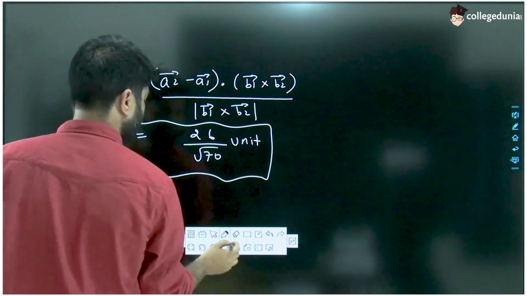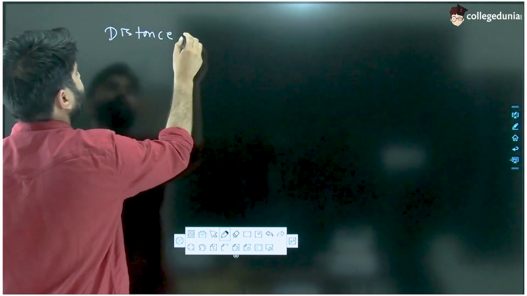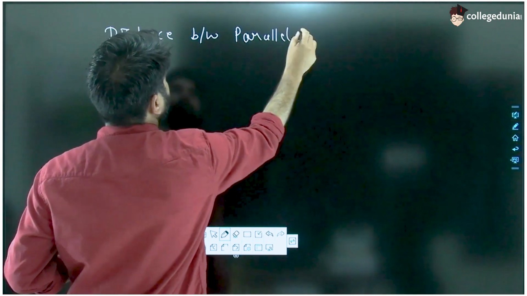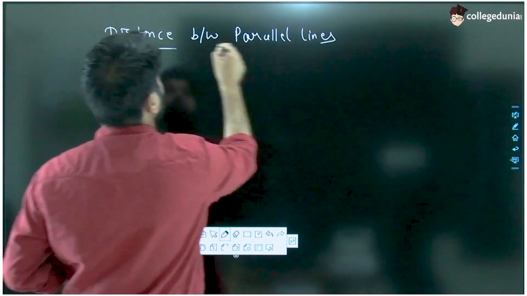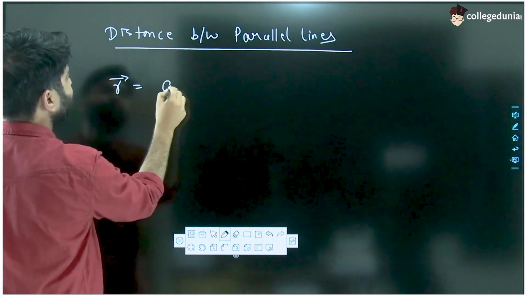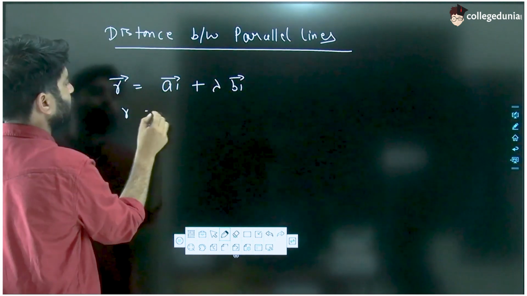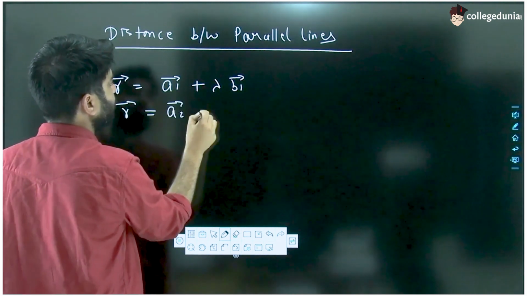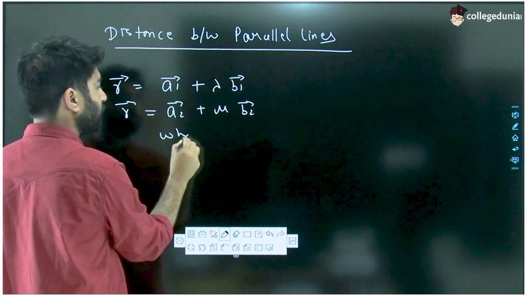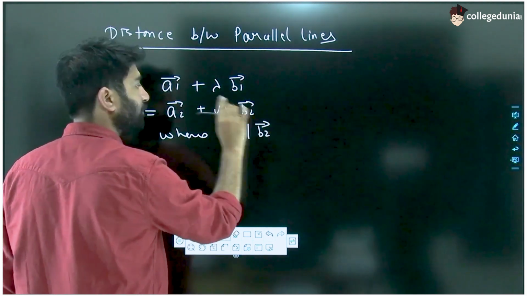But suppose there is a case when two lines are parallel, and now we have to find the distance between two parallel lines. So first of all, we need to understand that whenever two lines are parallel, in this situation two lines will have equation in this form, where this b1 vector will be parallel to b2 vector.